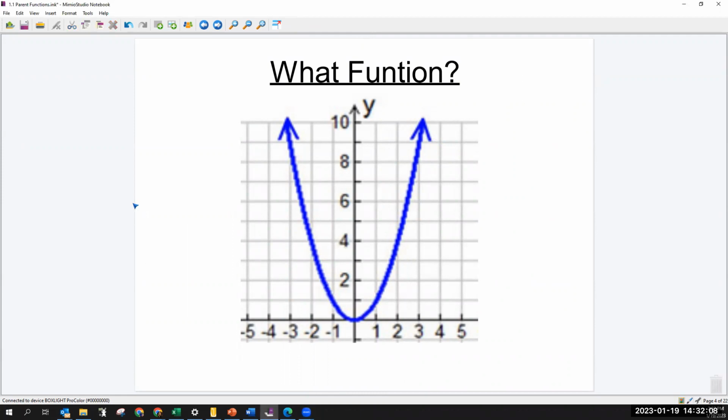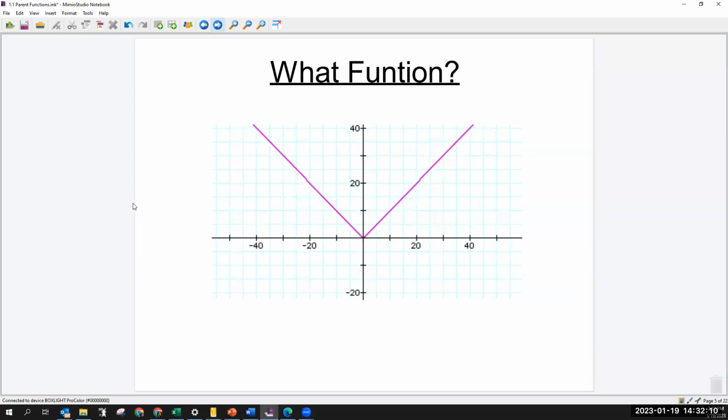All right, so here we go. So without looking at your paper, come up with the equation and name of this function. If you're not sure, just give it your best guess. All right, and then you will most definitely have to be pausing the video because I'm going to go fairly quickly, but pause the video, give it a try on your paper, even in your head, whatever, just give it your best guess.